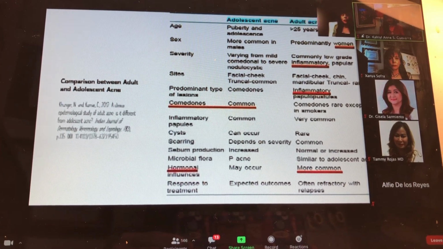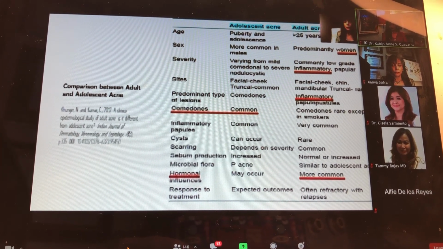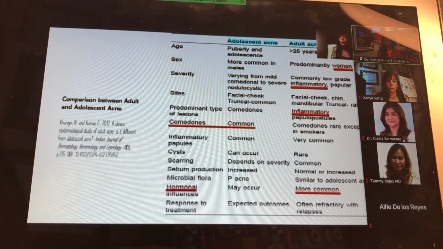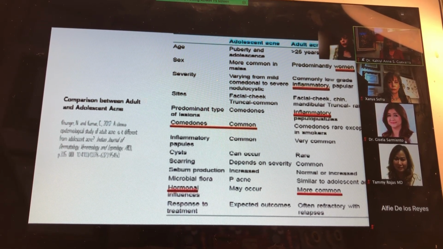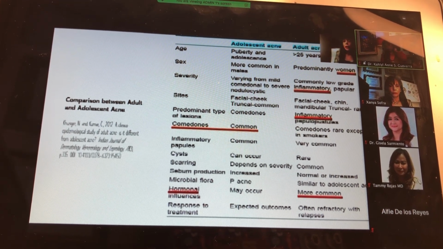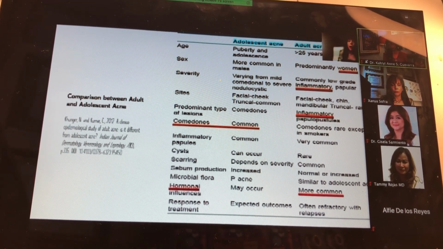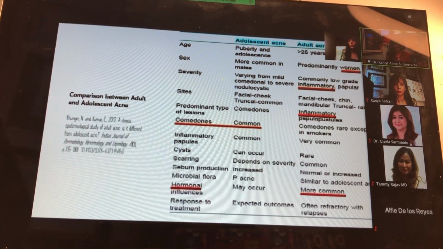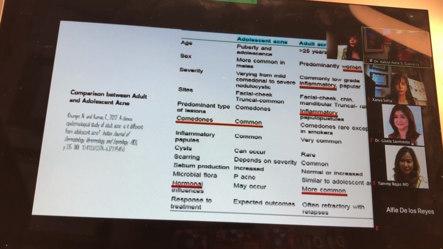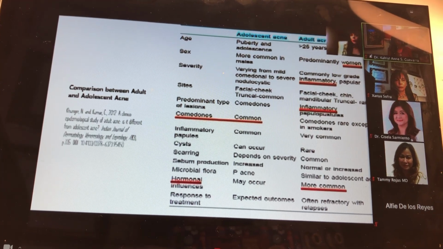There was a study that compared adult and adolescent acne. Adolescent acne is more common in males, unlike adult acne, which is more common in females. Severity varies from mild comedonal to severe acne, whereas adult acne is primarily inflammatory.